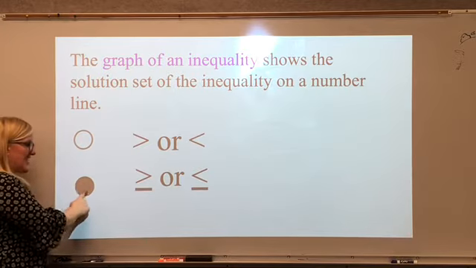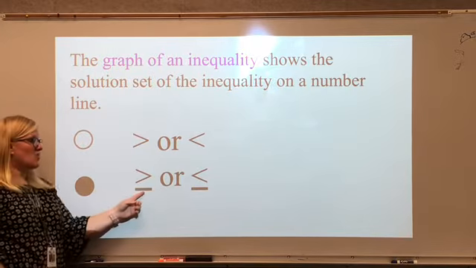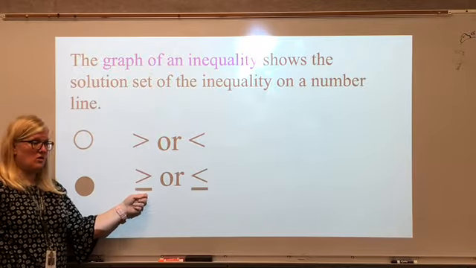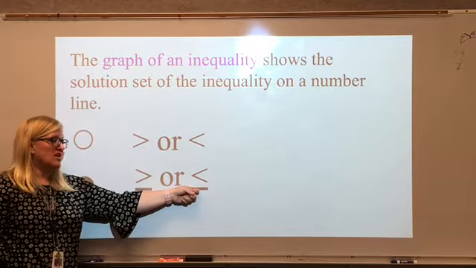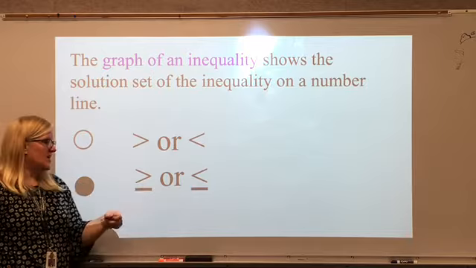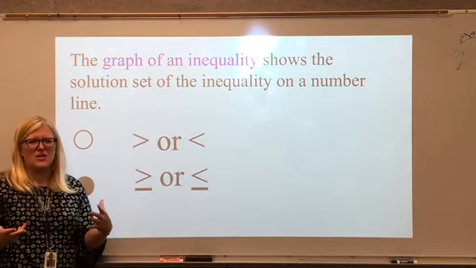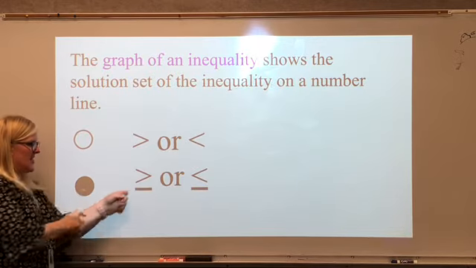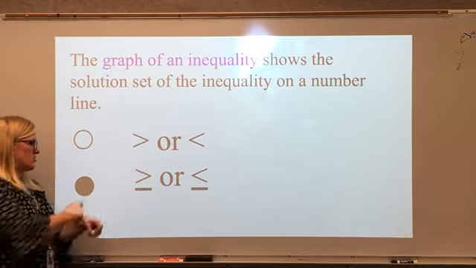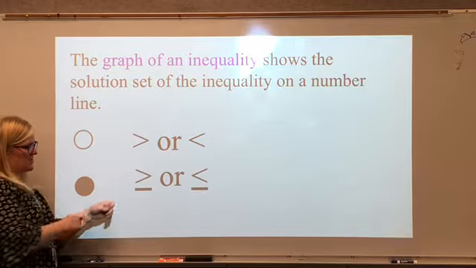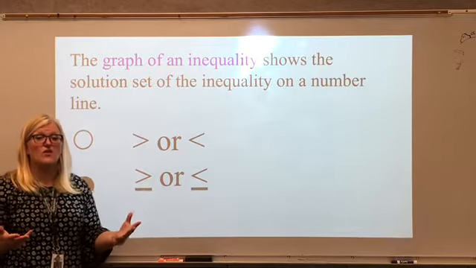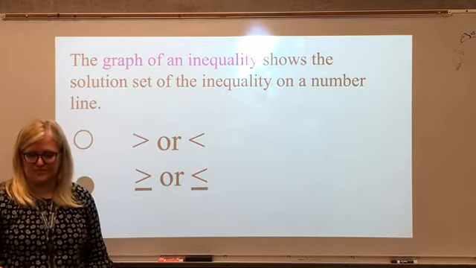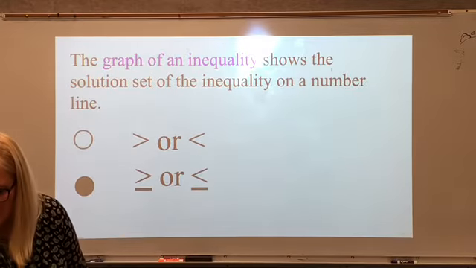If it's filled in, it means that it's greater than or equal to, or less than or equal to. So the way I remember it is if it's filled in, then there's more here too. You use more lead from your pencil and there's more right here. So I don't know if that helps you remember which is which.